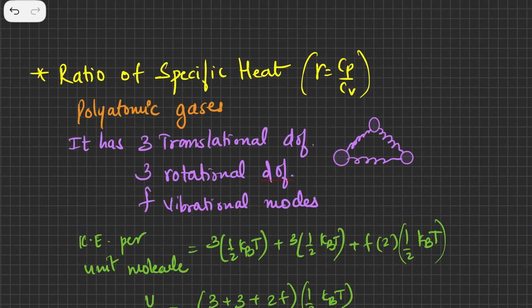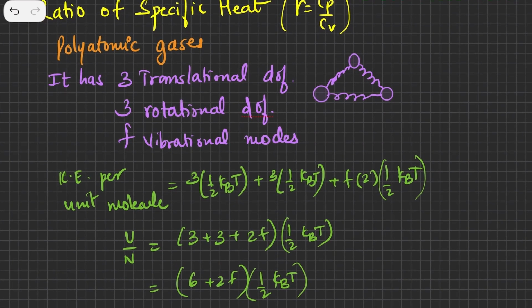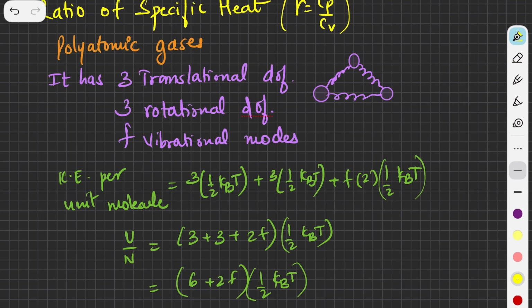And just to keep in mind, the maximum rotational degrees of freedom can be 3, and the maximum translational degrees of freedom can be 3. But had this molecule been somewhat like this, it is a polyatomic molecule, but it has one axis where the moment of inertia goes to 0. I'll just redraw it with a pen.